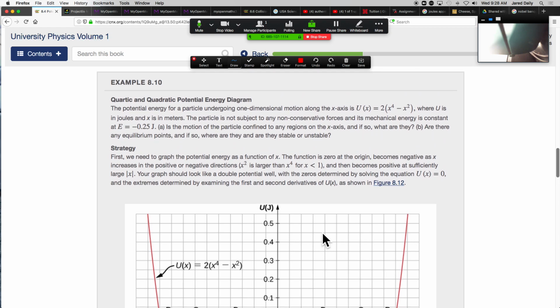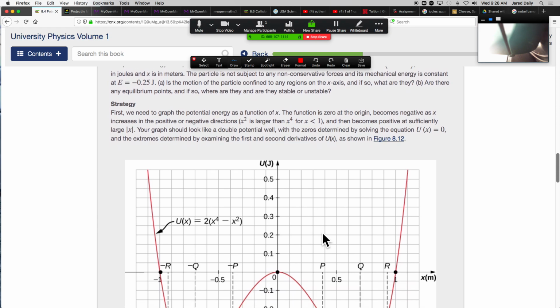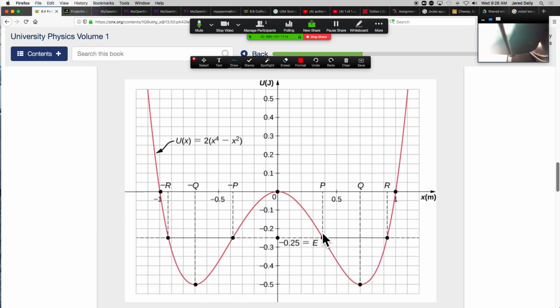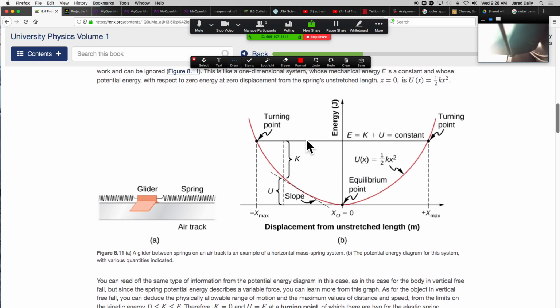Here's a much more complex one. This one would be like a glider on a hill.